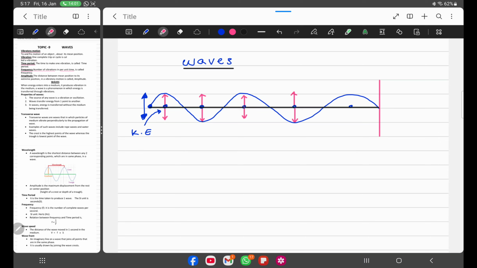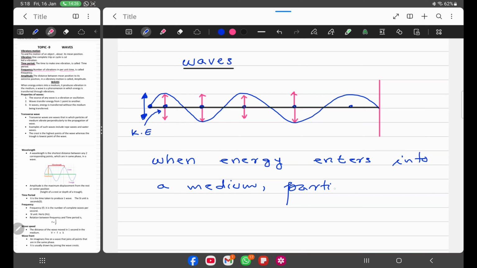So I can say when the energy of my hand enters into a string, and a string is a medium, when energy enters into a medium, then particles of the medium start vibration.